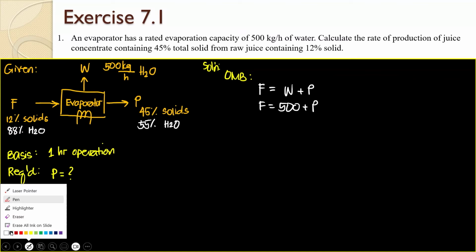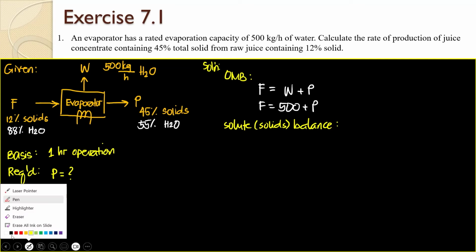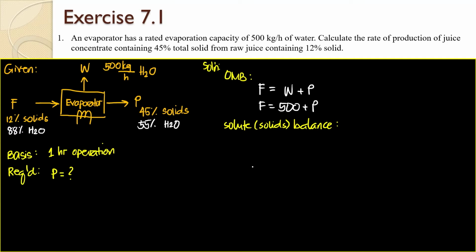So, what is our solute balance? So, solute, which is solids balance. If I want to do solids balance, it's going to be 12% of solids in the feed equals 45% of solids in the product.